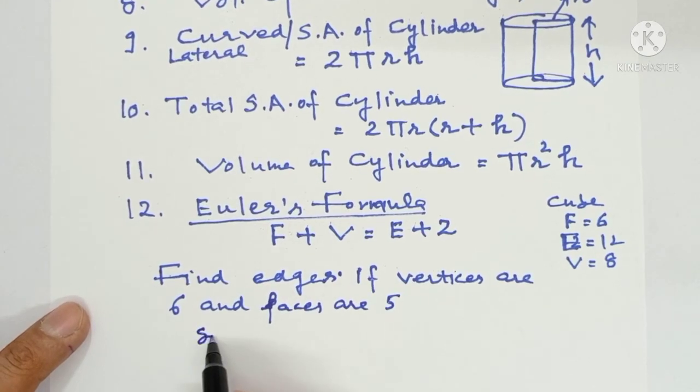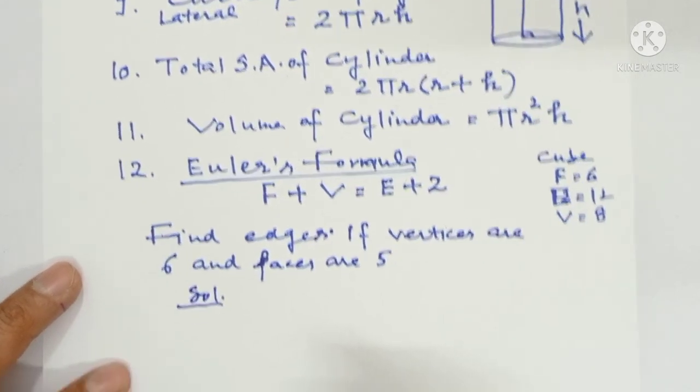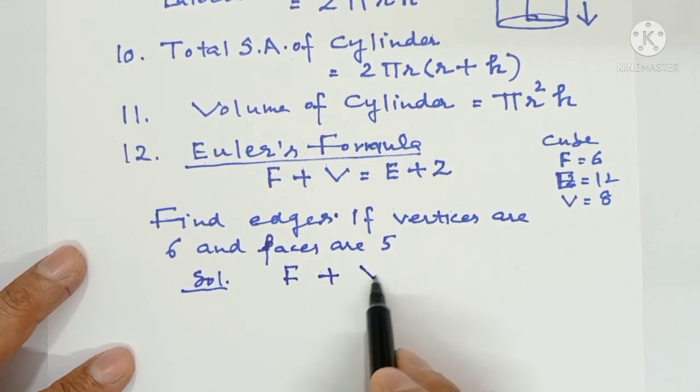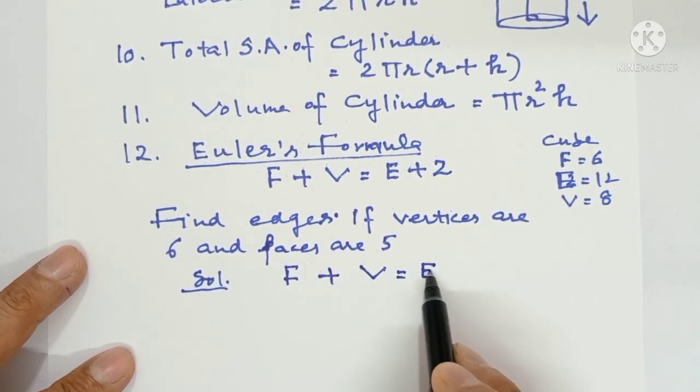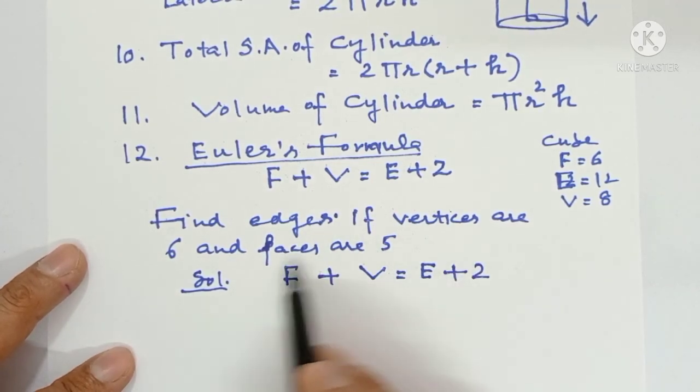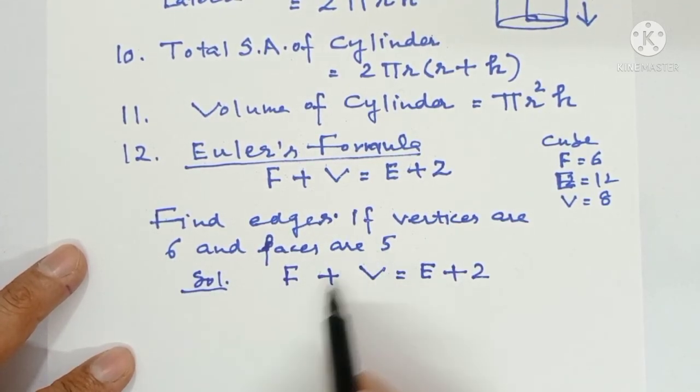Now how will you do this question? You will write faces plus vertices is equal to edges plus 2. So find edges if vertices are 6 and faces are 5.